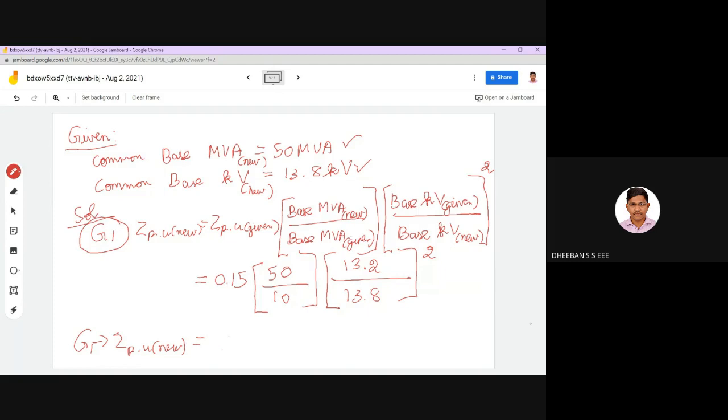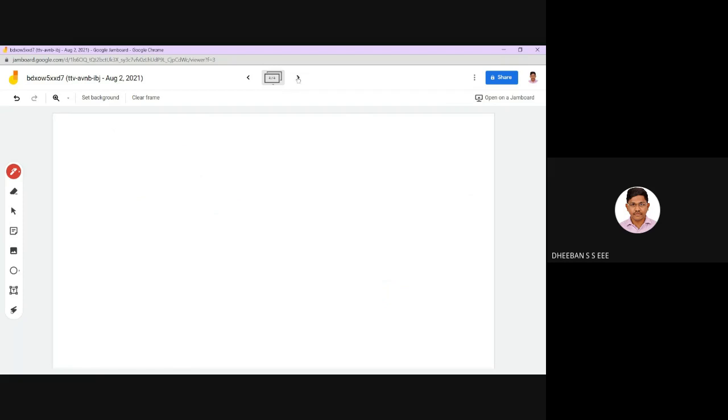Okay, you'll be getting the value around 0.6862 j. This is the value you'll be getting if you are solving this. And coming to generator 2.